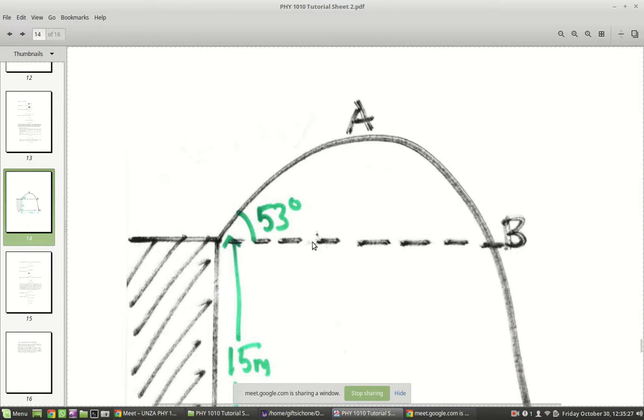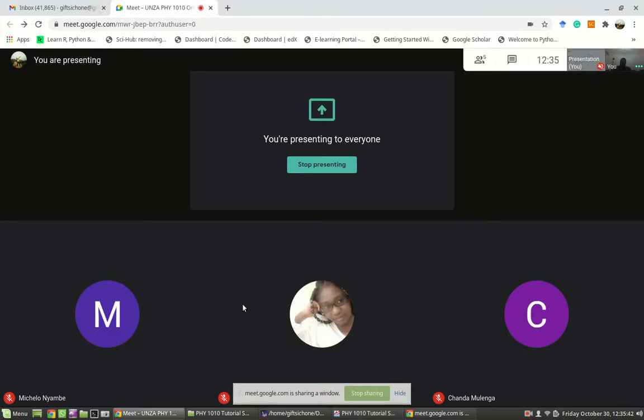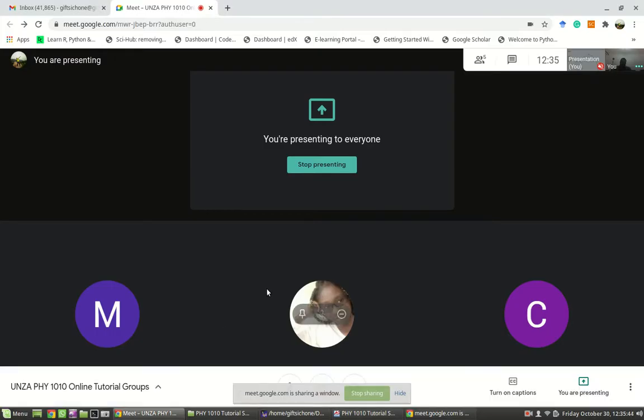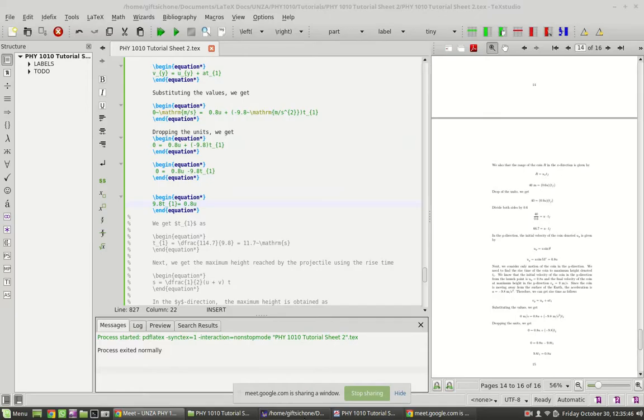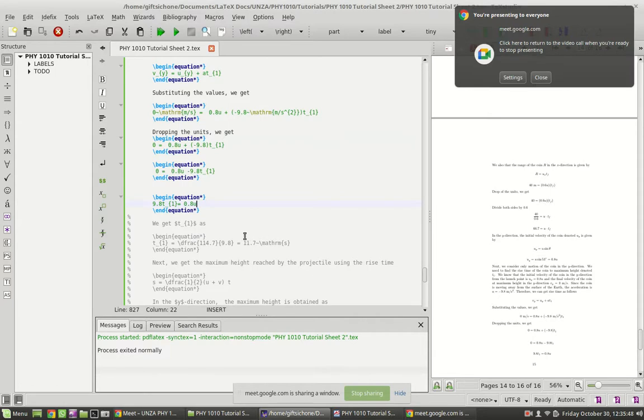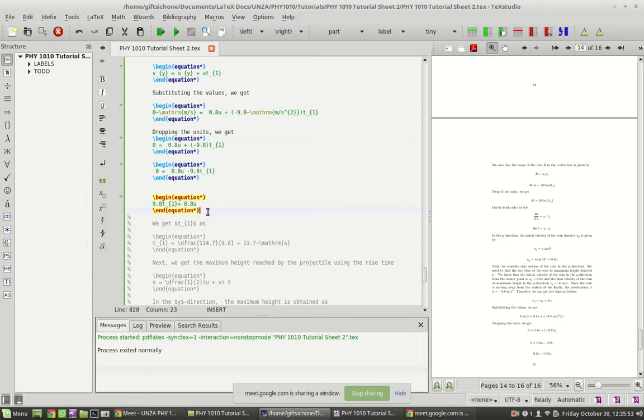But because the level is the same, T1 is equal to T2. Then we get T1.